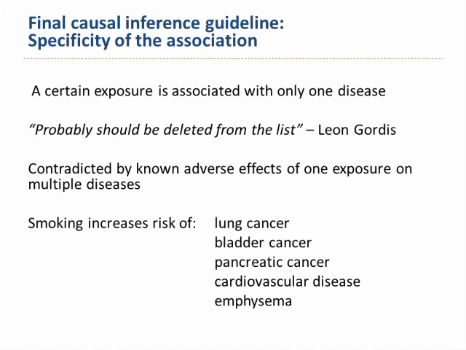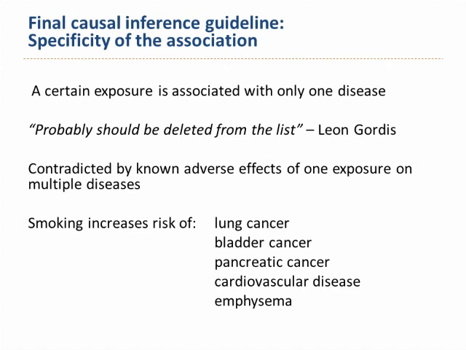In the last segment of this discussion, I wanted to return to our discussion about the guidelines for causal inference. And I wanted to talk in particular about that guideline regarding the specificity of the association. As I mentioned, specificity is oftentimes not considered as an important guideline for assessing causation, and some epidemiologists believe that it should be deleted from the list.